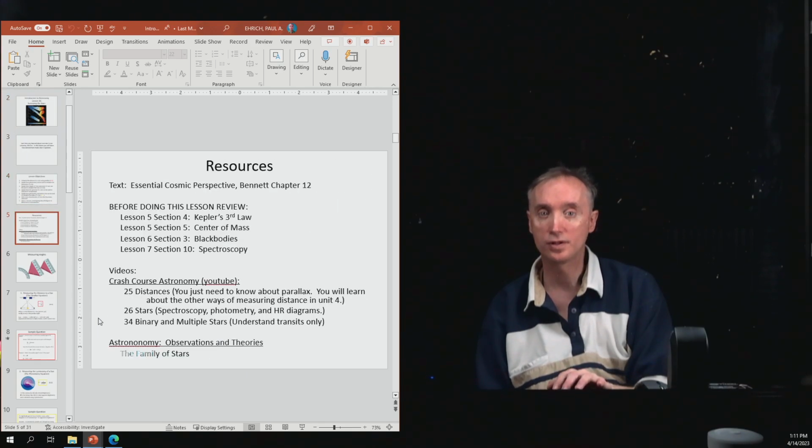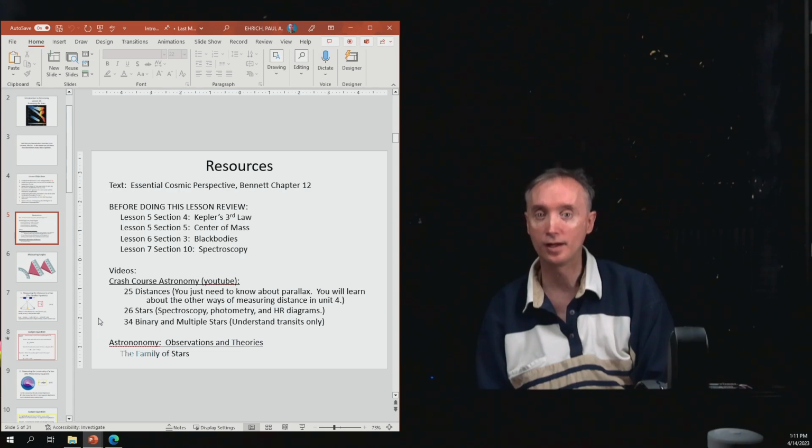So in your textbook, you should be reading chapter 12, and you should also go back to some previous lessons that we've done. Lesson number 5, section number 4, review what Kepler's third law is.